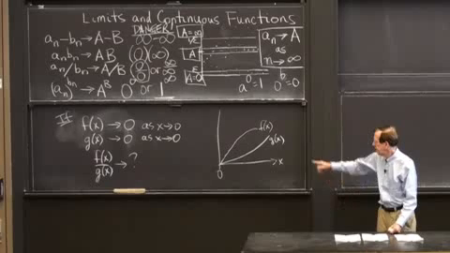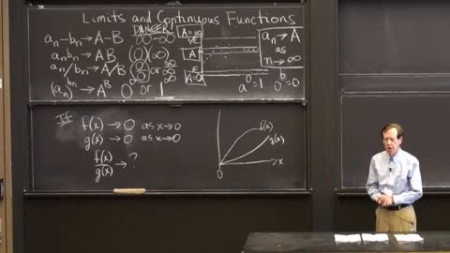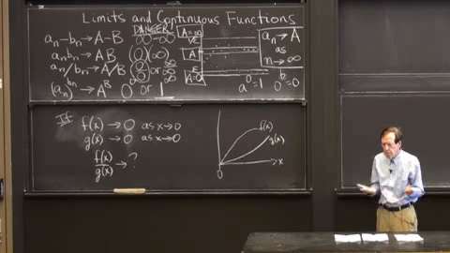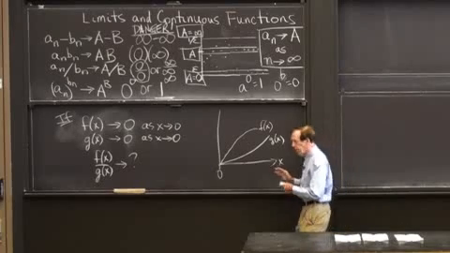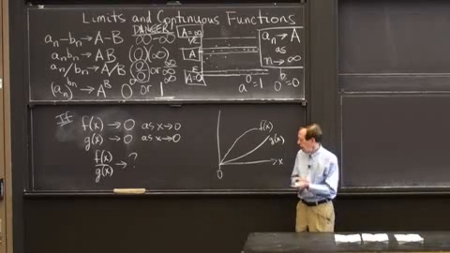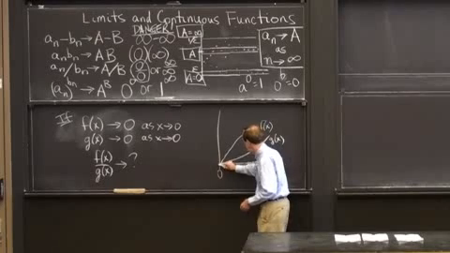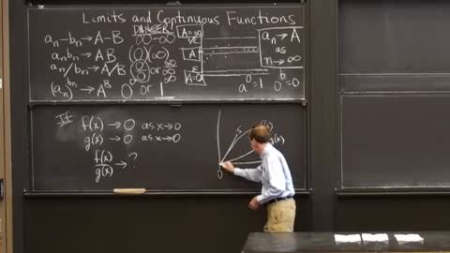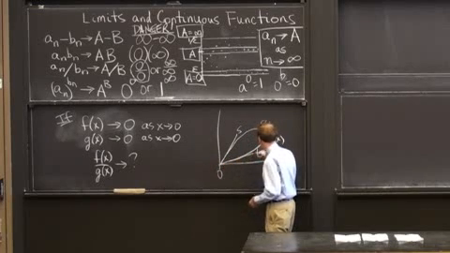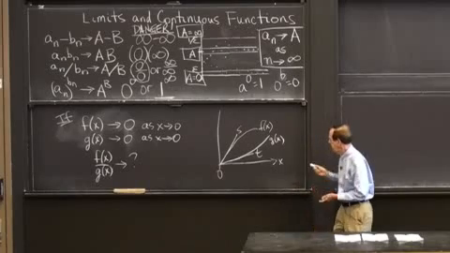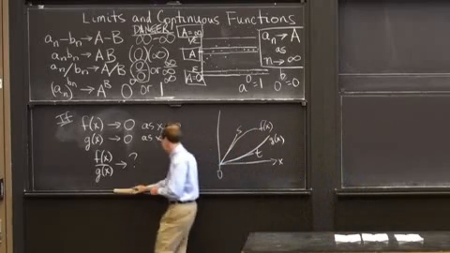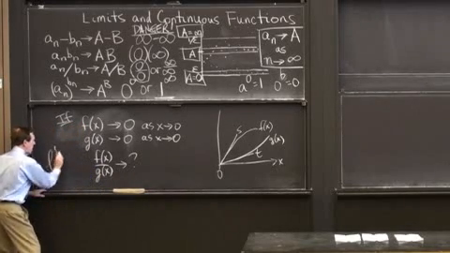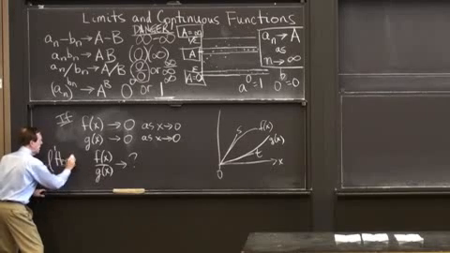Now, the question is, what about f of x over g of x? Okay. Can we say? Now, I'm going to suppose that f of x has a definite slope, s. And this one has a definite slope, t. In other words, this is called the rule named after a French guy, L'Hôpital.